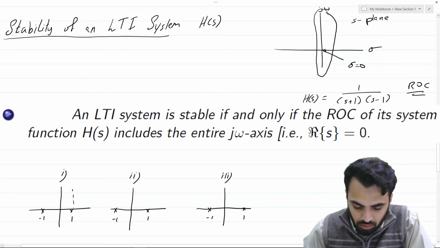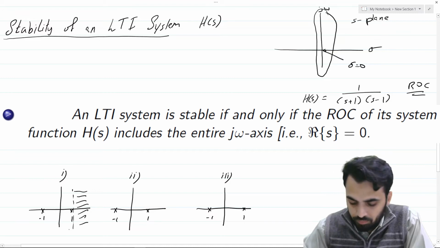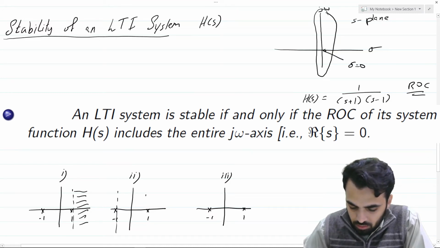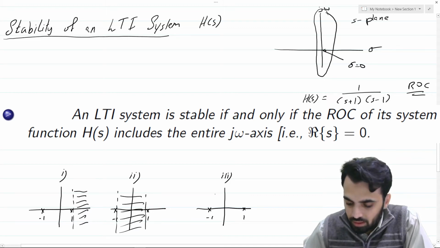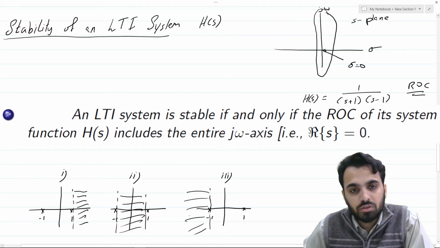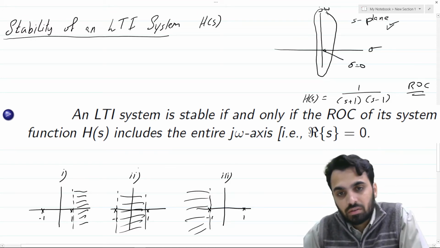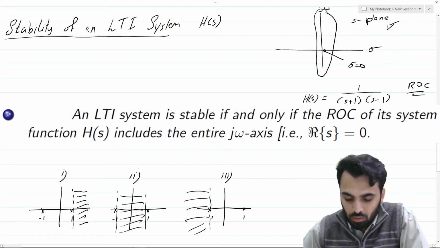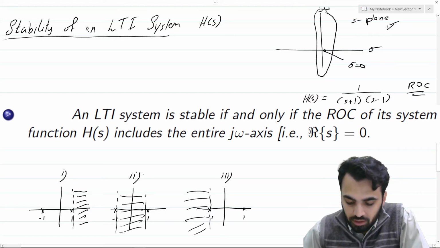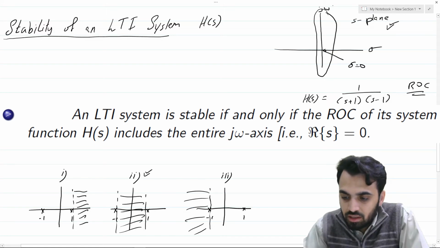You can have an ROC which is towards the right of the rightmost pole. We can have an ROC which is in a strip between the 2 poles, and we can have an ROC which is to the left of the leftmost pole.